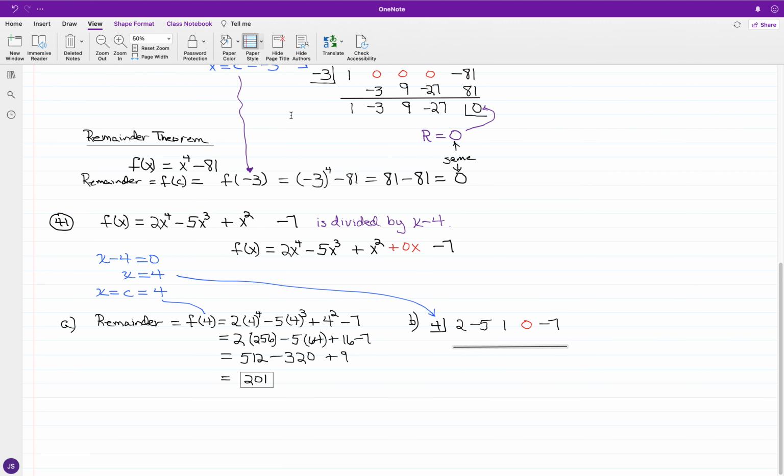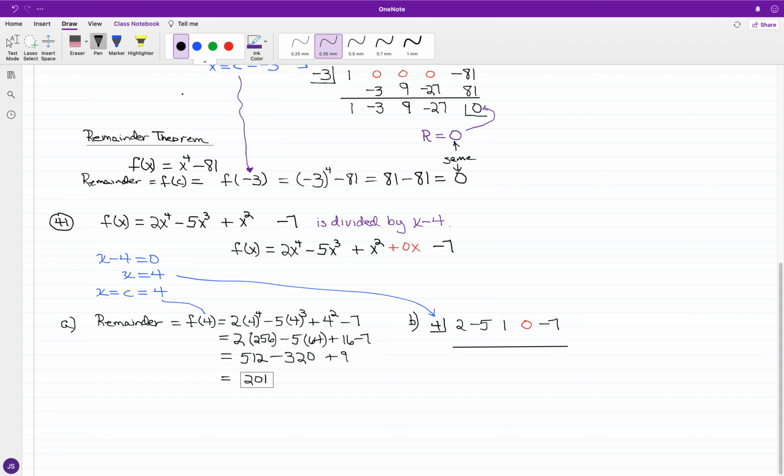So with the remainder theorem, we had the outcome to be 201, and we compare that to the output, namely the remainder, from the synthetic division. With synthetic division, the leading coefficient from the dividend is brought down. So we have 4 times 2, so we have 8.